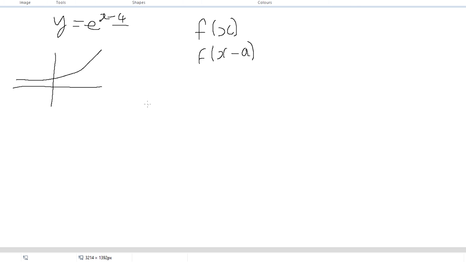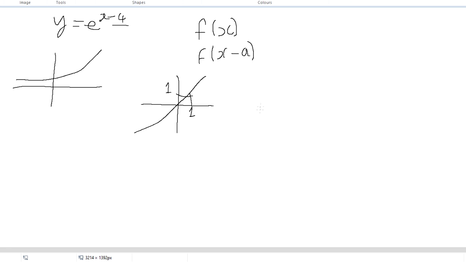Now, if you look at why this is, here we've got y equals x, roughly. If I were to find the value when x is 1, that's going to give me y equals 1.